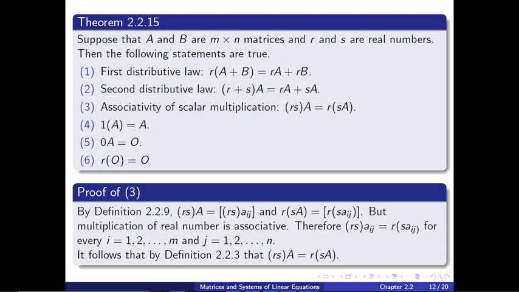So suppose A and B are m by n matrices, and R and S are real numbers. So then the following statements are true. So we've got some distributive laws.